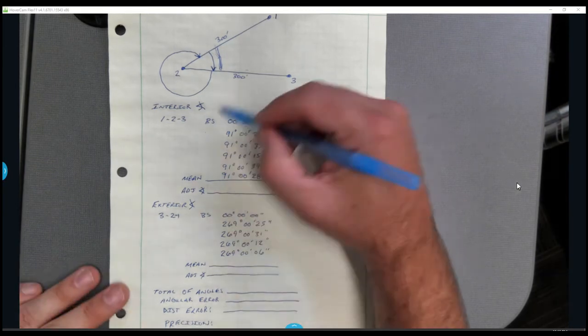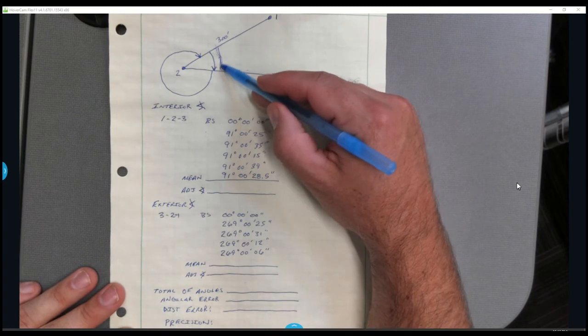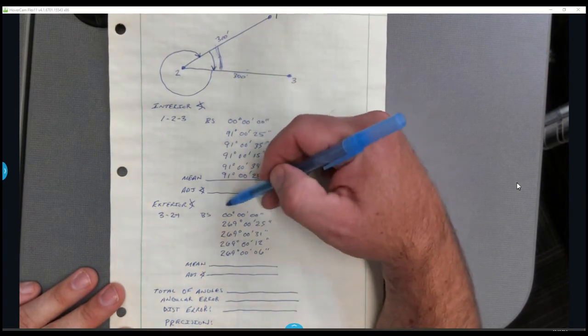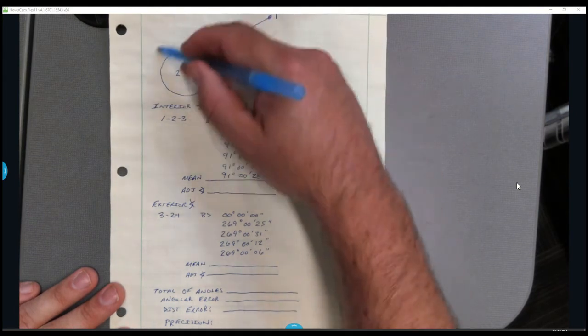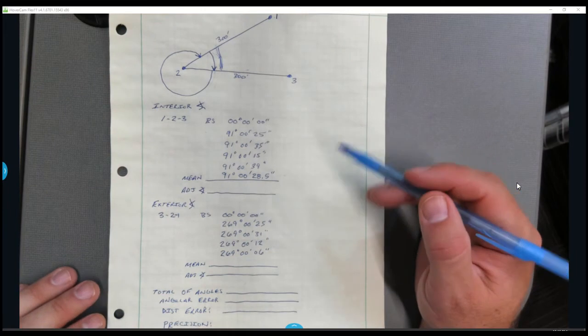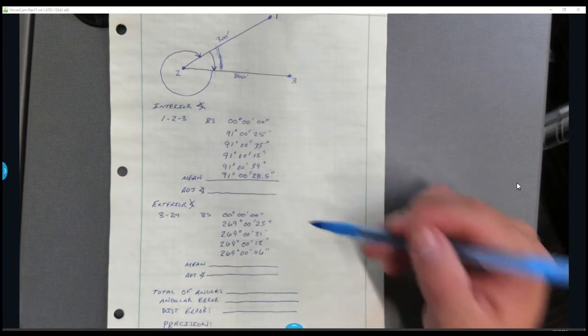For this interior angle, it is as if we turned the angle 4 times here. Now we're working with this exterior angle down here. It's going to be like we turned this thing 4 times and got that, so that way we could average it. You'll notice in surveying there's a lot done with averaging.